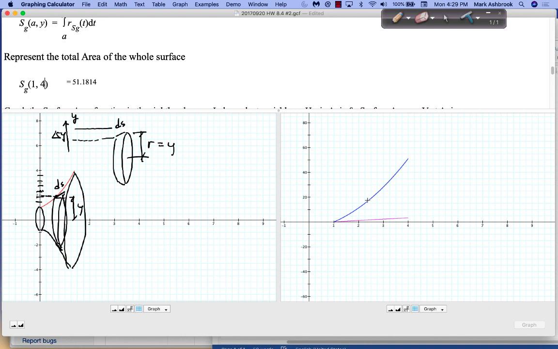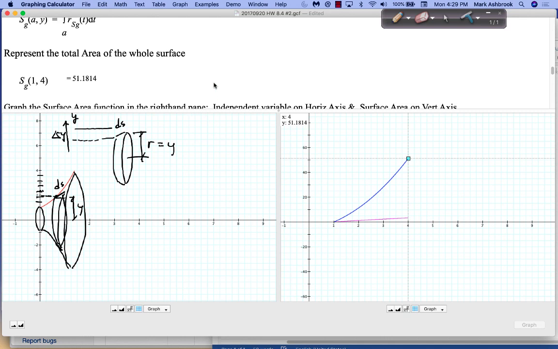If I come to the graph here, this is my graph of the y coordinate on the left graph versus the surface area generated by the rotation. And there we saw that at 4, the accumulation was 51.1814. So a y coordinate of 4 gives an accumulation of surface area of 51.1814 for the whole funnel, or the whole bell. Okay, so that's kind of review.